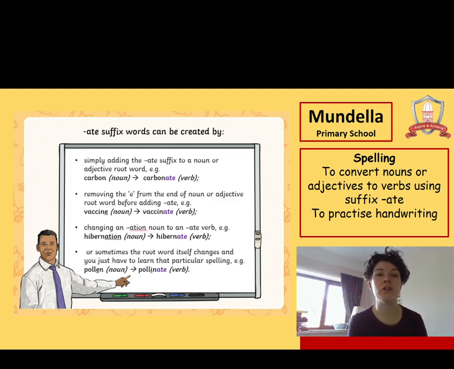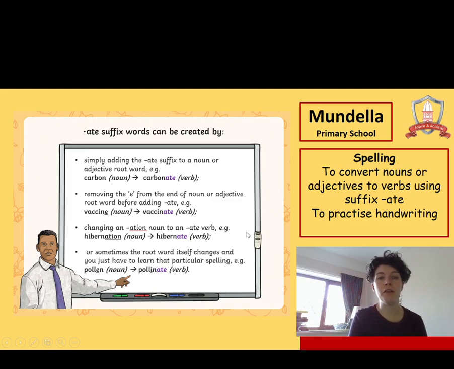We can also create these suffix words by taking away the e from the end of the noun or adjective root word before adding ate. So with that example of vaccinate, the root word of vaccine, like I mentioned, has an e on the end. Well, when we add our suffix, we chop off that e and then add ate.